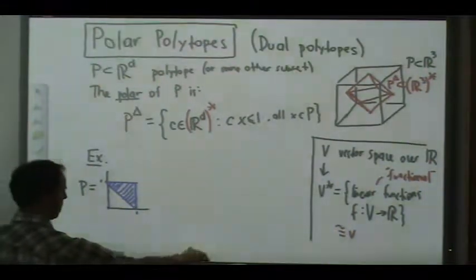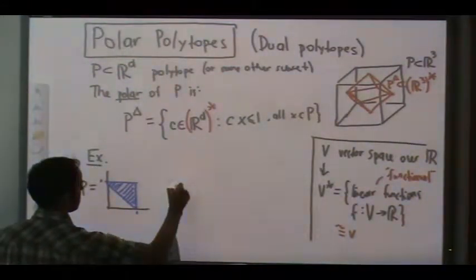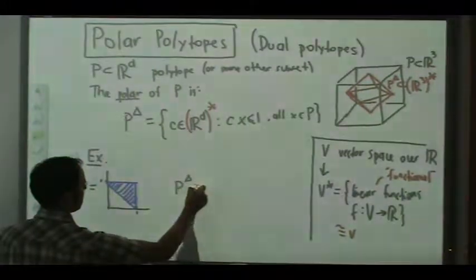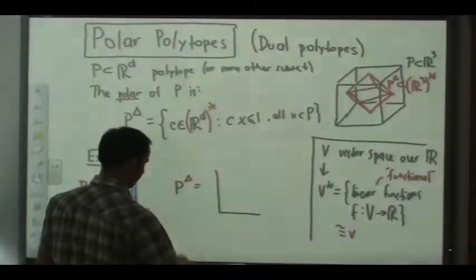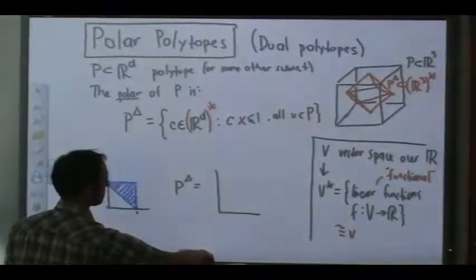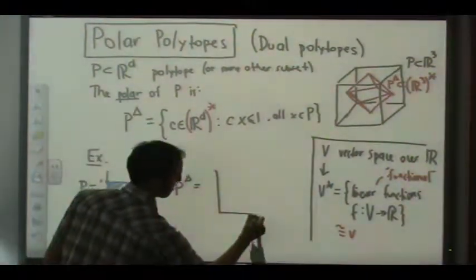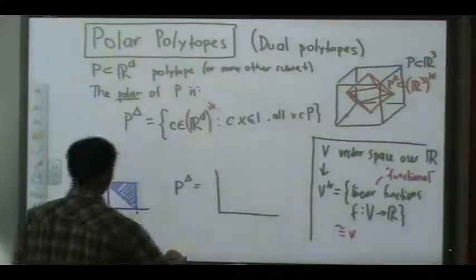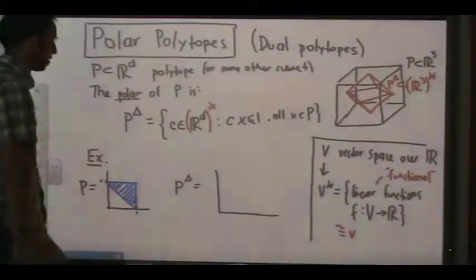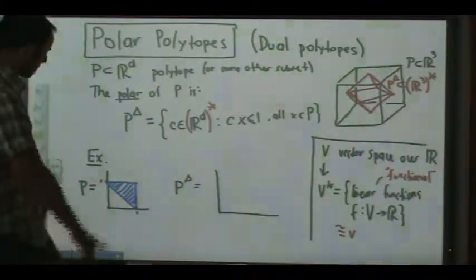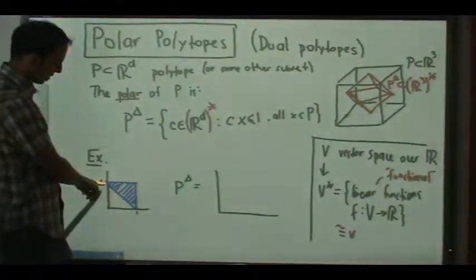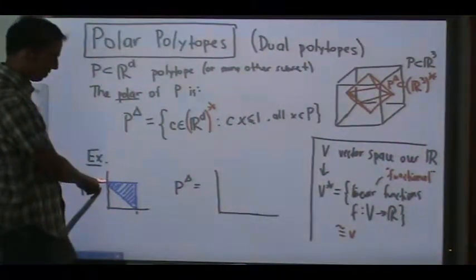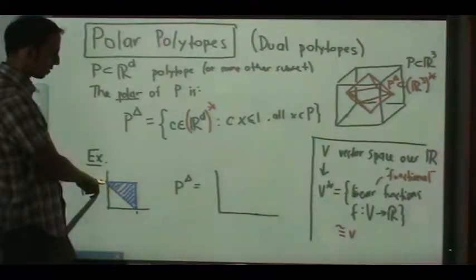Okay? So then what is the dual or the polar? Well, we want things that when you take the pairing with 1, it should be less than or equal to 1. Okay?